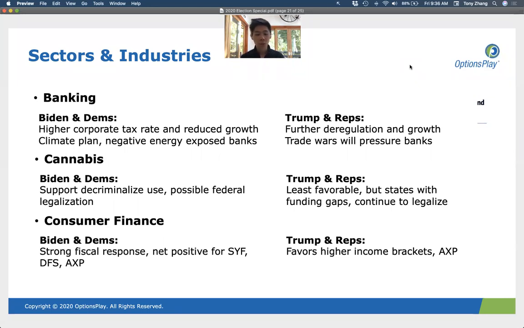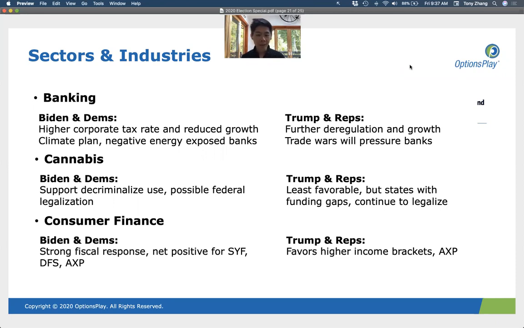However, one of the things I do want to point out here is that due to the coronavirus, more and more states are having larger and larger funding gaps. Many states are looking at legalization of marijuana or cannabis as a way to increase tax revenue, and also potentially increase tourism in that particular state.